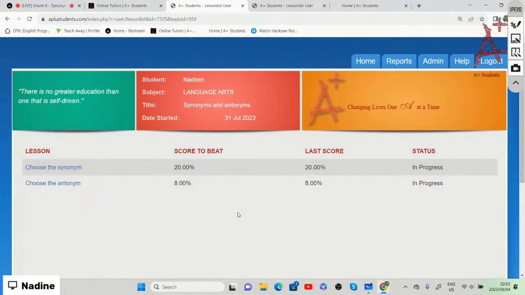The lesson will be to choose the synonym and also to choose the antonym. We're also going to find out what a synonym is and what an antonym is, and then we will finish it off with an activity where we identify synonyms as well as antonyms. So now we're going first to choose the synonym.